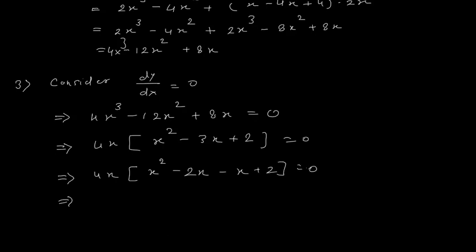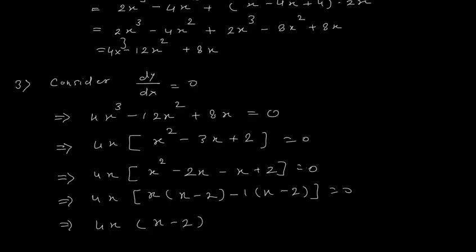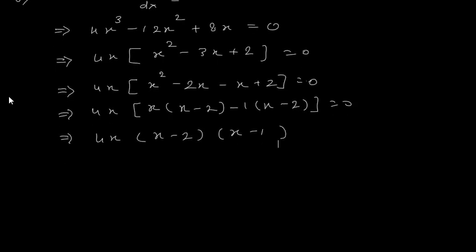Here I will take x common, so it is x minus 2, minus 1 I will take common, x minus 2. This is 0. So this gives me 4x, in the other bracket we have x minus 2 and in the third bracket I have x minus 1. This is equal to 0.